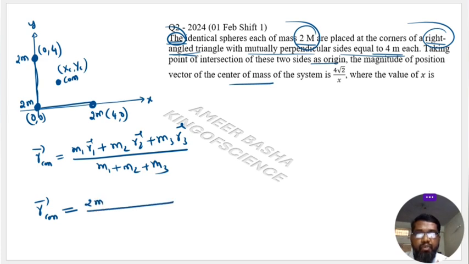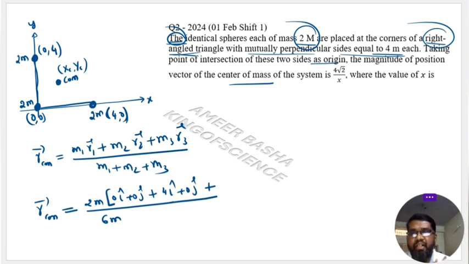In the denominator, 2m + 2m + 2m gives 6m. The first one is at the origin: 0 i cap + 0 j cap. The second one is at (4, 0): 4 i cap + 0 j cap. The last one will be here: the x coordinate is 0 but the y coordinate is 4.